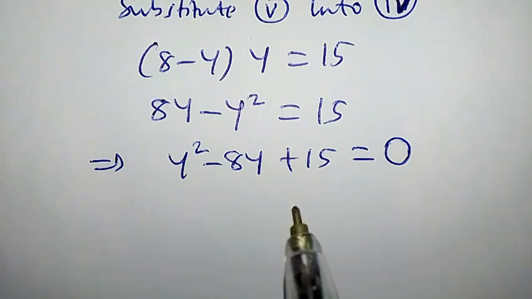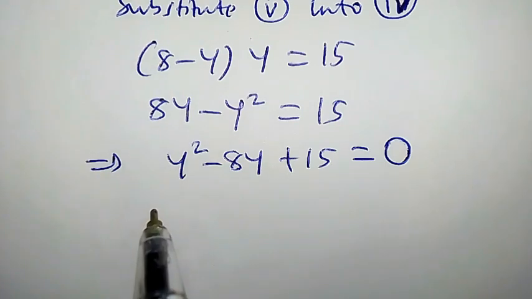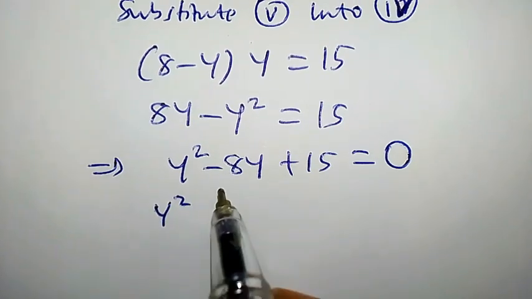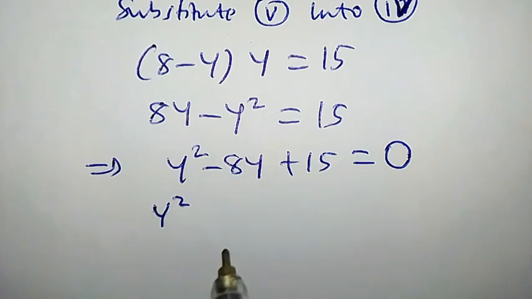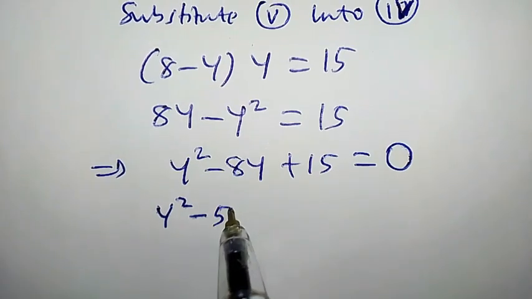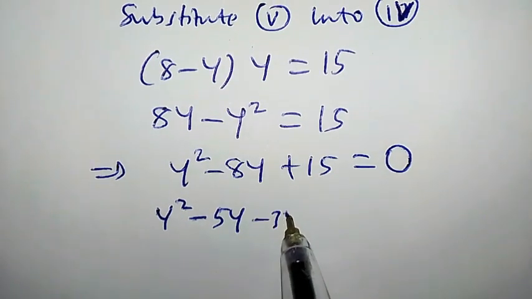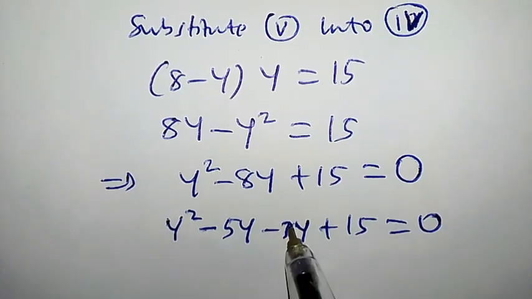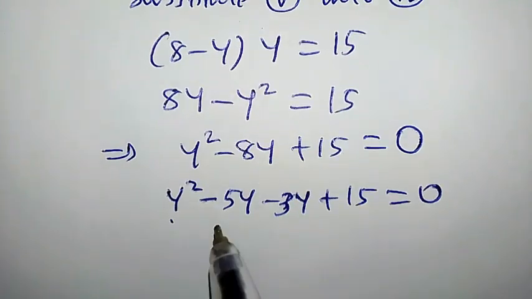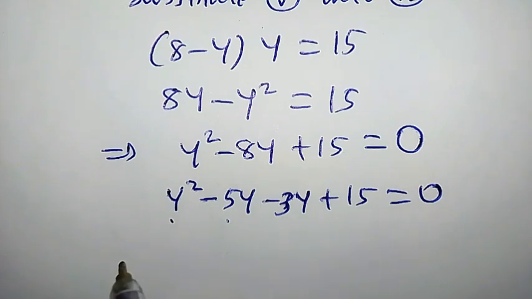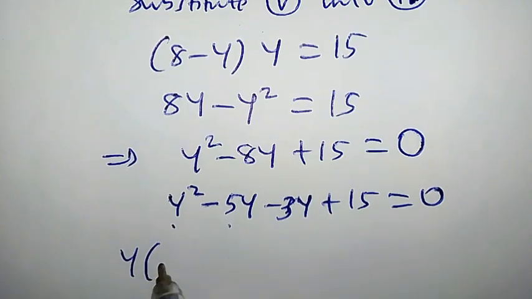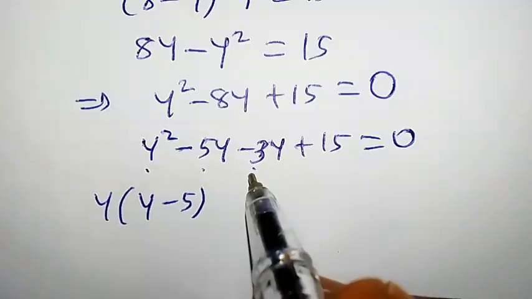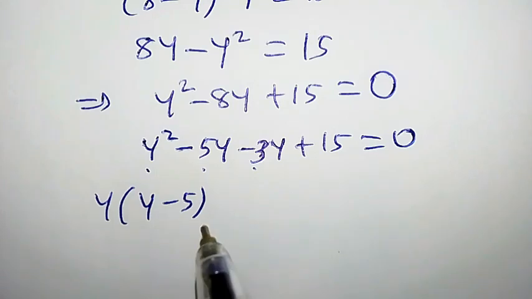This quadratic equation is factorizable. Let's solve it. Y squared minus 8y could be written as y squared minus 5y minus 3y plus 15 equal to 0. Y is common. We can factor it out. So we have y into y minus 5. Minus 3 is common here. We can factor it out also.